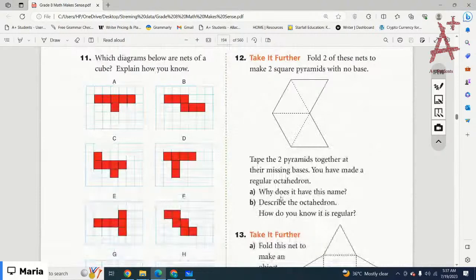Which diagrams below are nets of a cube? A is not the net of a cube. B is a net of a cube.